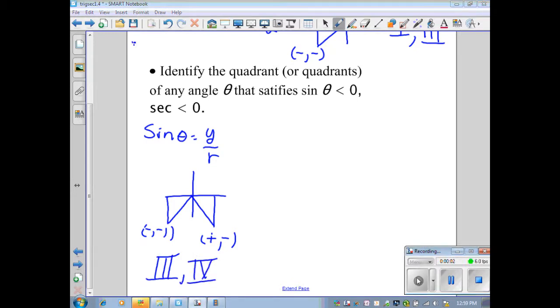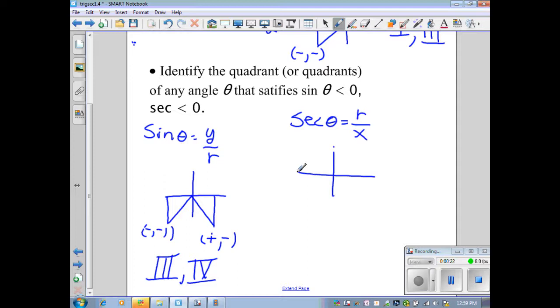Let's take a look at secant theta. We know secant theta is the reciprocal of cosine theta, which is x over r. So secant theta is r over x. Well, let's take a look at a coordinate plane and identify quadrants where my x value is going to be negative.